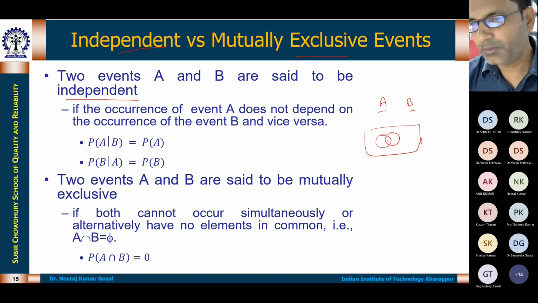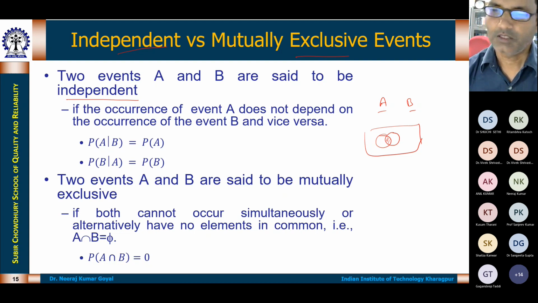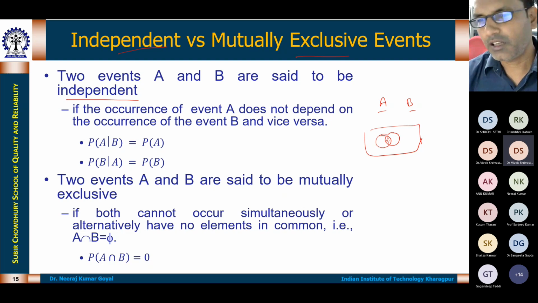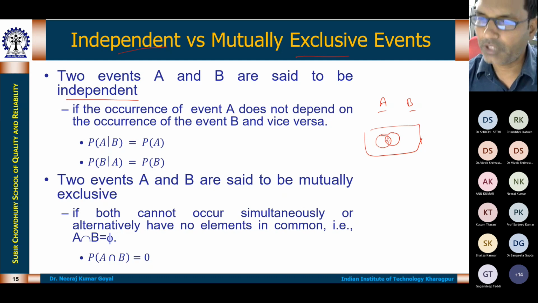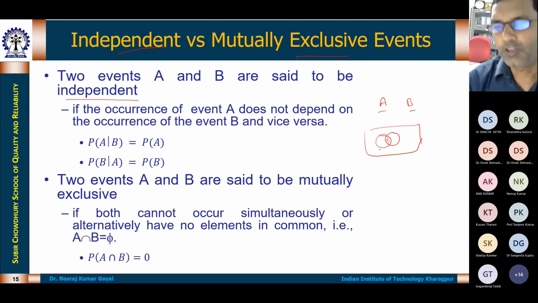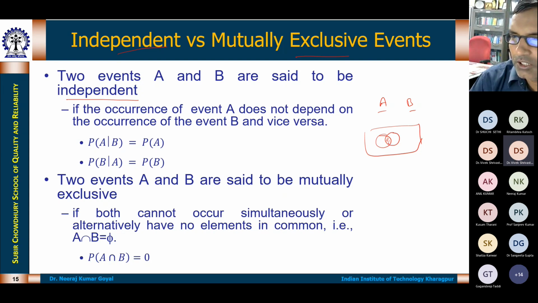Whatever commonality there is between the two events happening is natural commonality. If they have a larger space or larger probability, then the commonality will be higher. If they have a smaller space, then the commonality will be smaller. So if they have some commonality, it is by chance. It is not because of dependency, right?